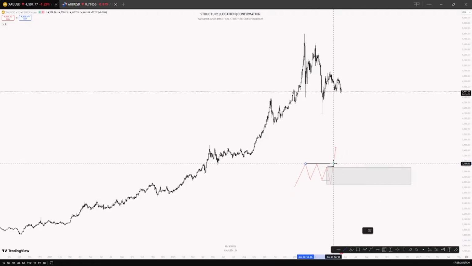In my terms, this is a multiple break of structure, which is also very good to see. What this shows is that there are multiple buyers dominating the current price action, and there is bullish order flow. Now, stay with me. What happens next? Instead of continuation, we now have price weakening above this high and then dropping.